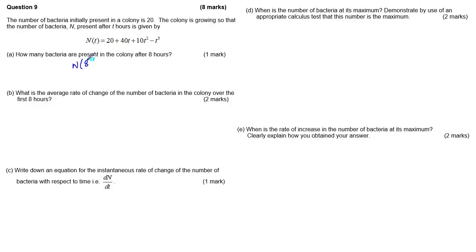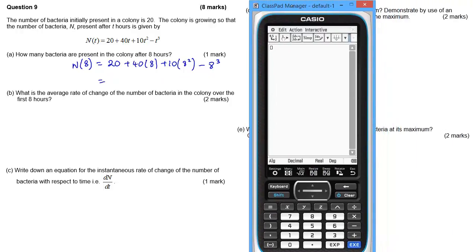So we want n of 8, which is 20, add 40 times 8, add 10 lots of 8 squared, take away 8 cubed. So let's just work that out.